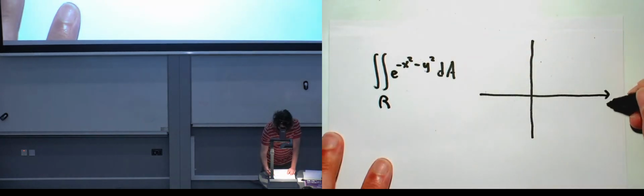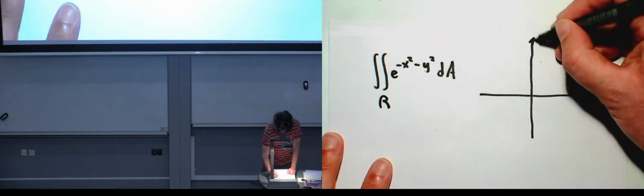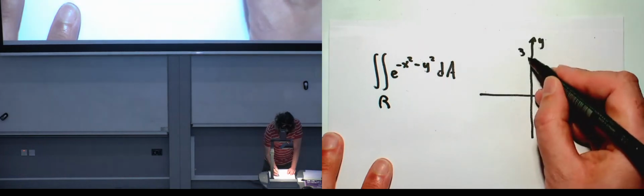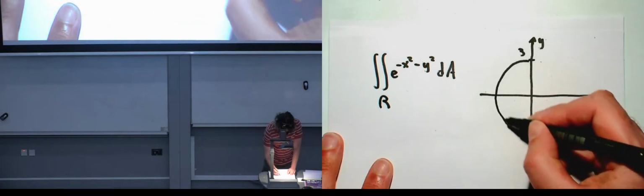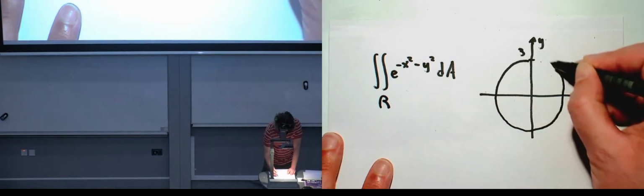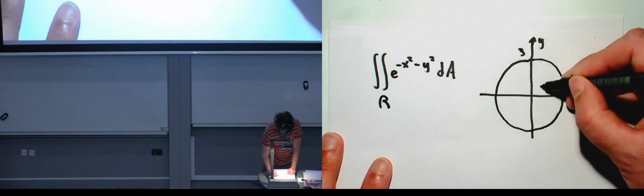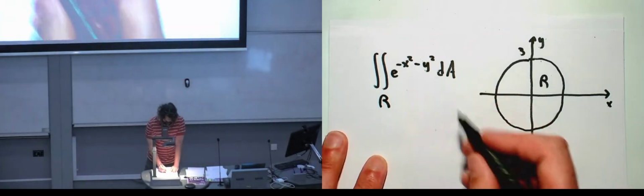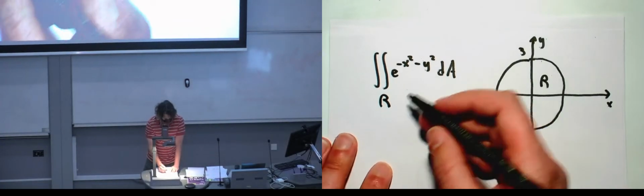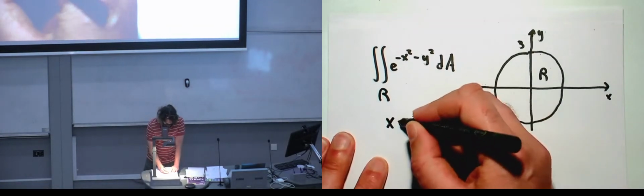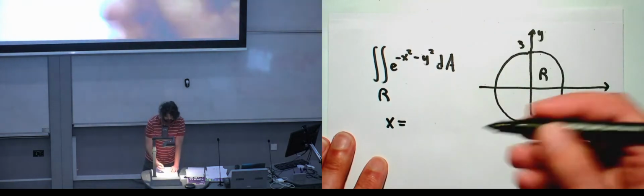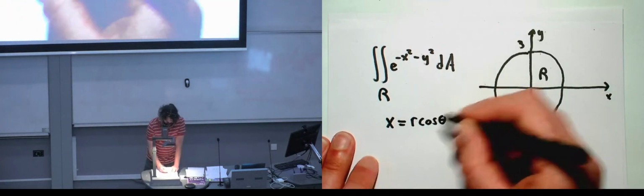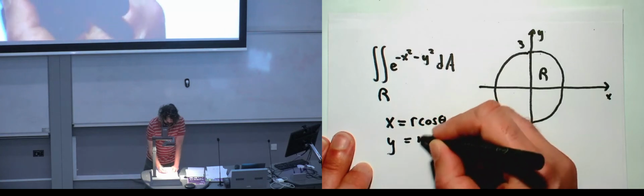So we draw the xy plane here, and this is 3, and R is the disk centered at the origin of radius 3. Maybe the most straightforward way to see this is to remember that polar coordinates are related to the xy Cartesian coordinates by the formulas x equals r cosine theta and y equals r sine theta.